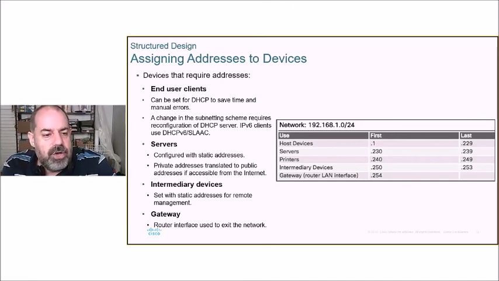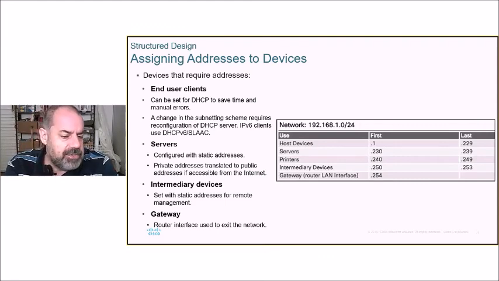With servers, often they would be statically assigned, or at least a fixed IP address. Intermediary devices, so routers and switches, again, they would typically be static addresses. And of course, you've got the gateway, which is used to route between networks.